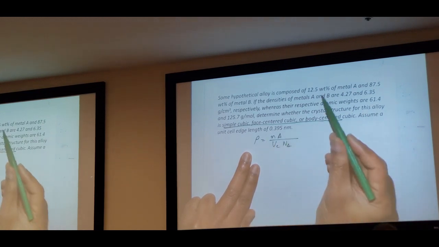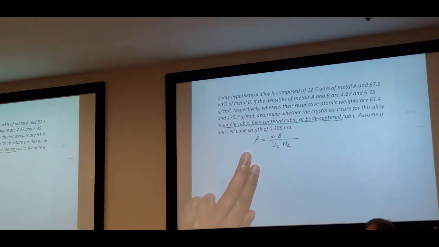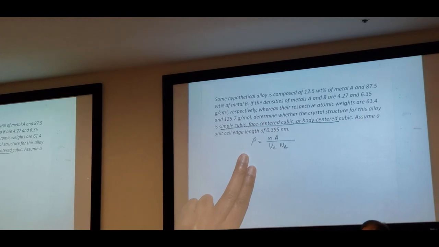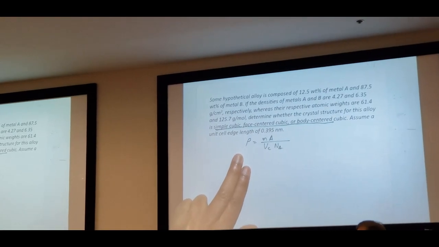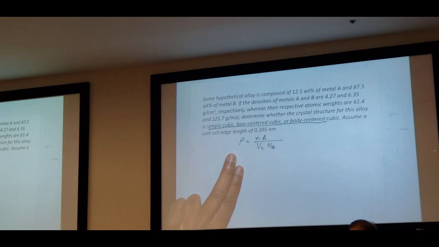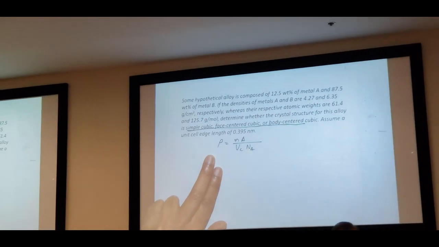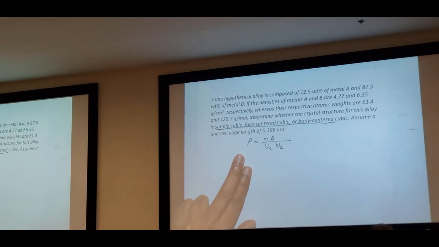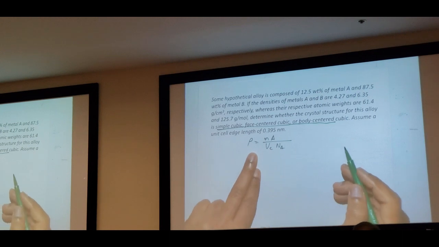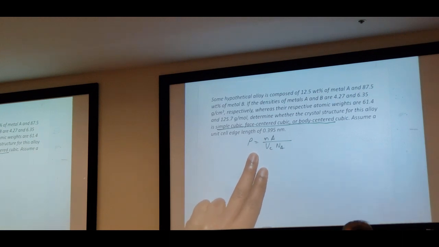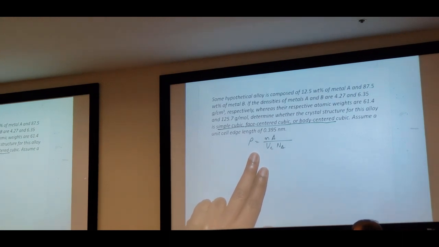But the problem here is it is an alloy. What we have learned is only about a single element A or B. It is not an alloy. The equation is for a single element A or B or whatever. So how can we do this one? You need to solve it based on the average, right? Yes, you solve for both and take the average.